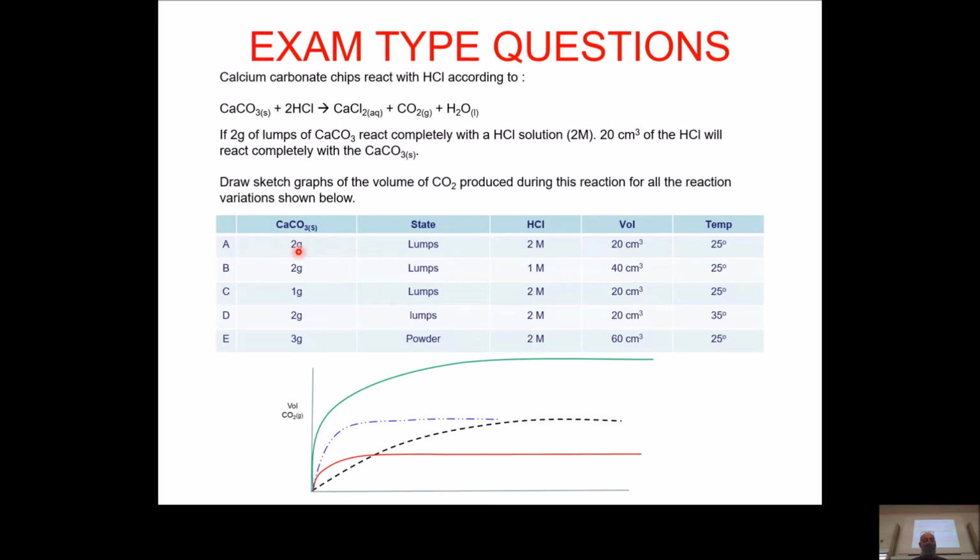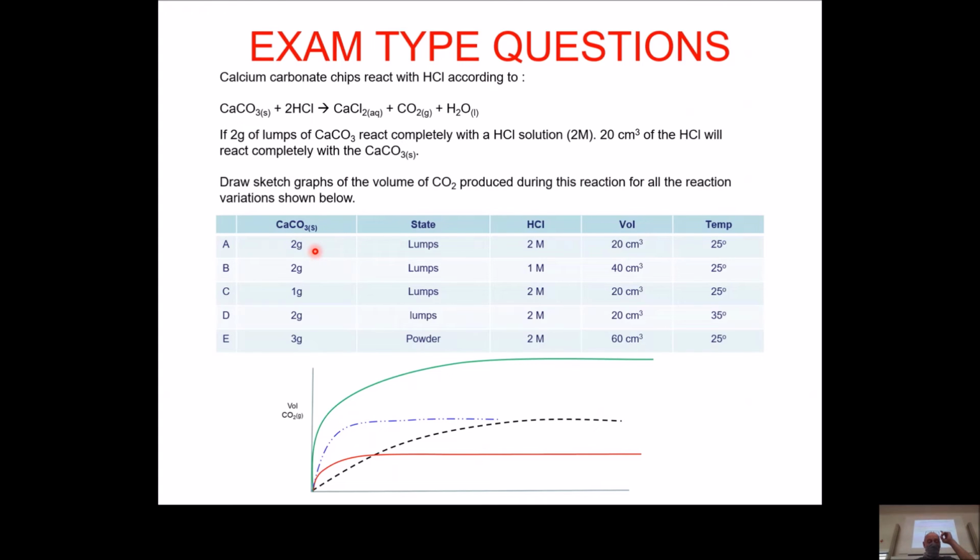So here are various combinations of these reactants. Calcium carbonate, 2 grams combined, used. If you look at A, it represents one reaction. B represents another reaction. C represents a different reaction. And the only thing that's changed is the amounts of things or the state of the stuff.